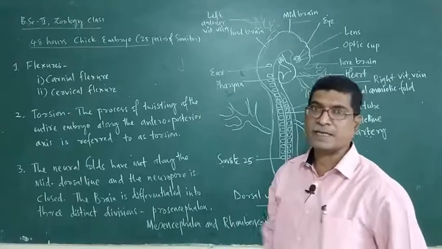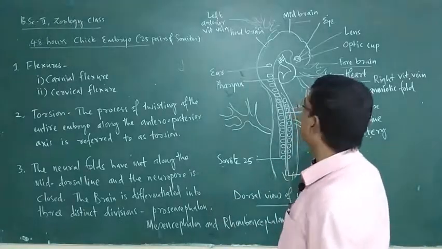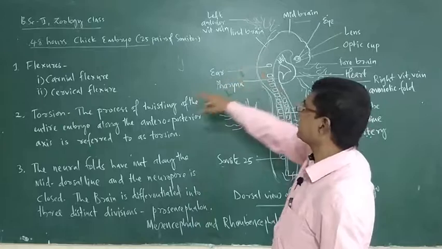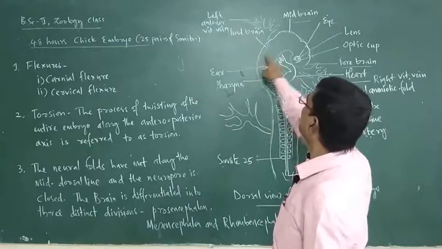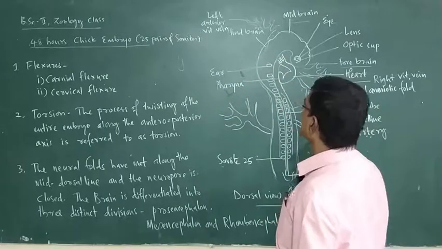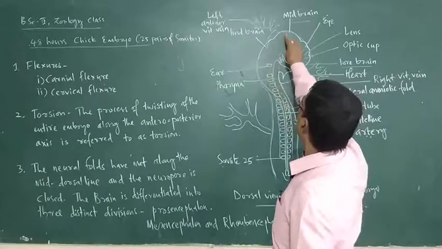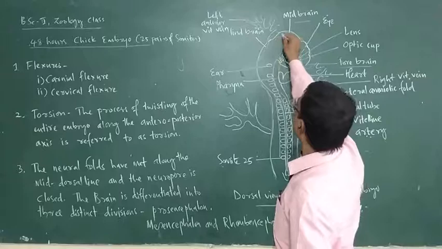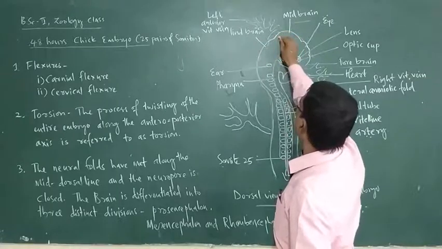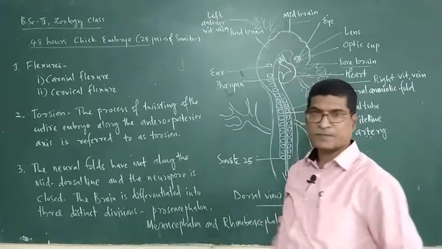And one more bending is there at the cervical region. This is occurring at the level of rhombencephalon, the hindbrain. So this is forebrain, midbrain, hindbrain. Here one more flexure has occurred.